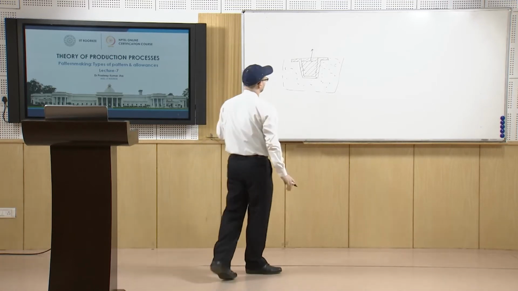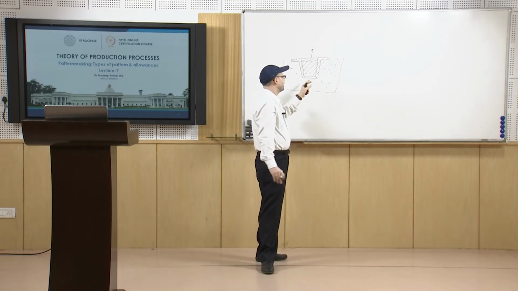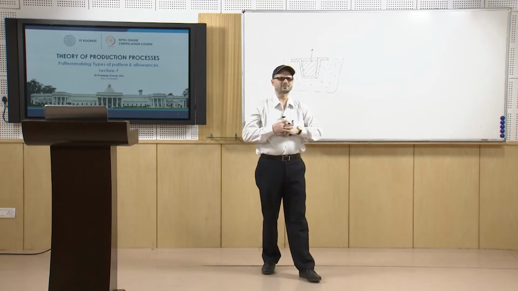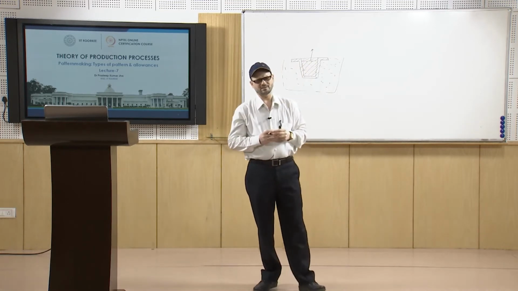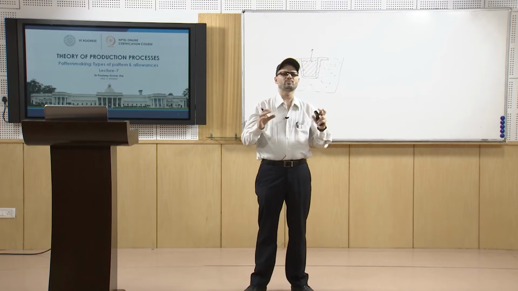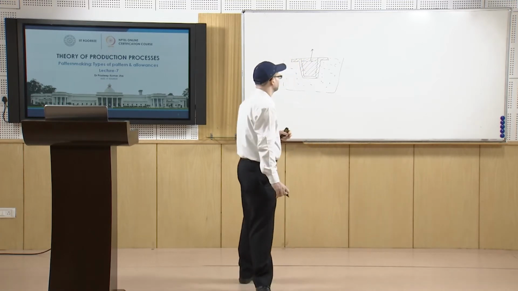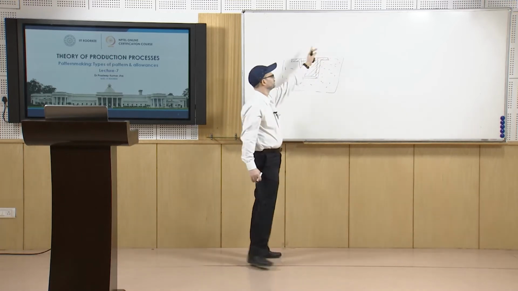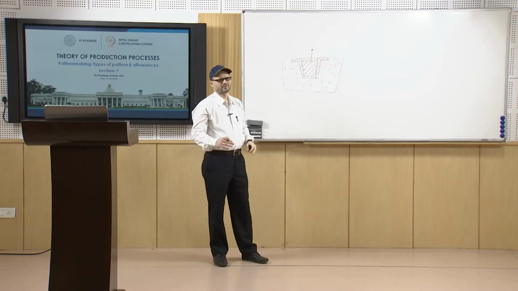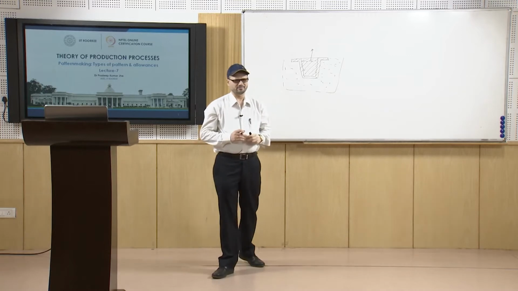They are simple in shape, you do not need any specialized pattern design, and you do not need to make the runners or gates. It is simply the pouring of the liquid metal from the top. So, that is the single piece pattern.